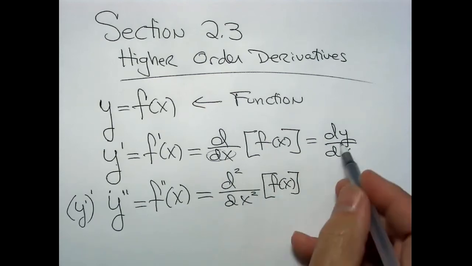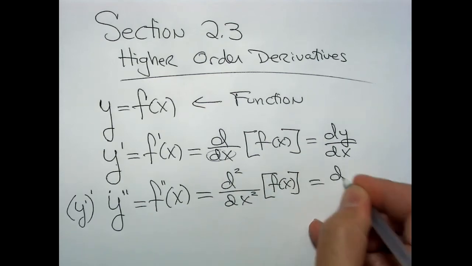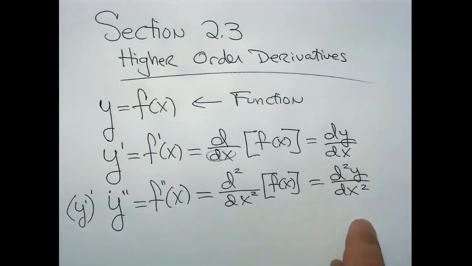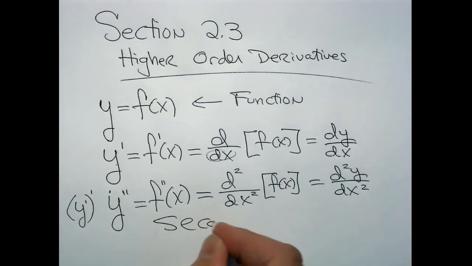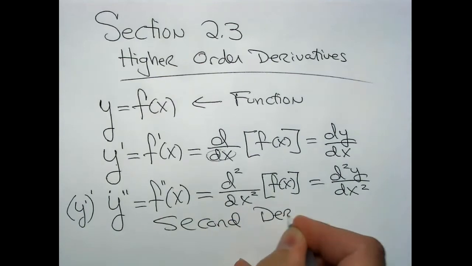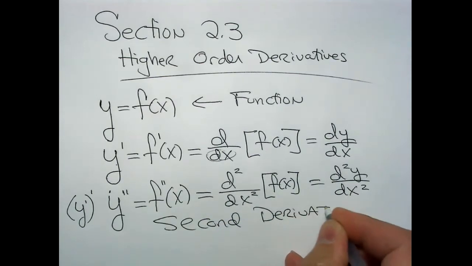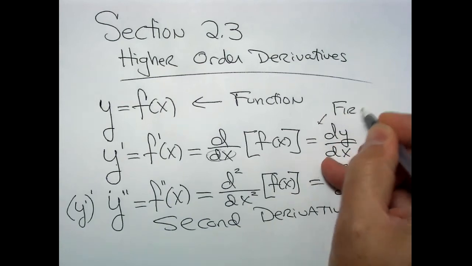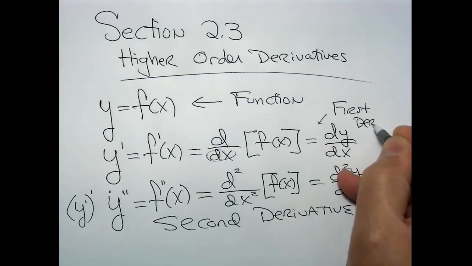So that this matches that, basically d squared y dx squared is the second derivative. So we call this one the second derivative, and of course this one here is the first derivative.